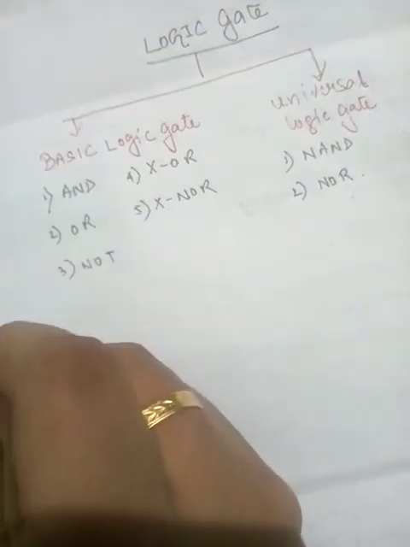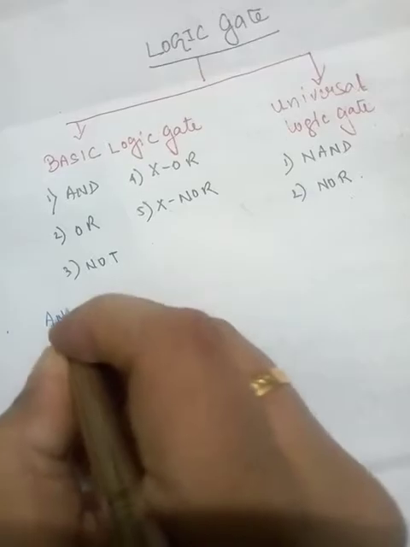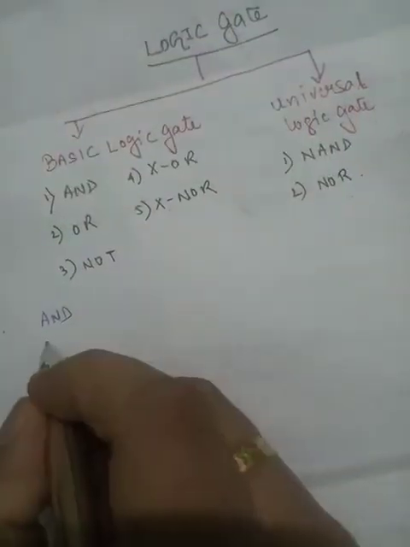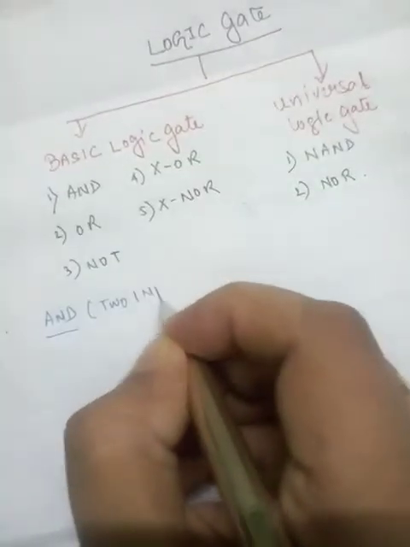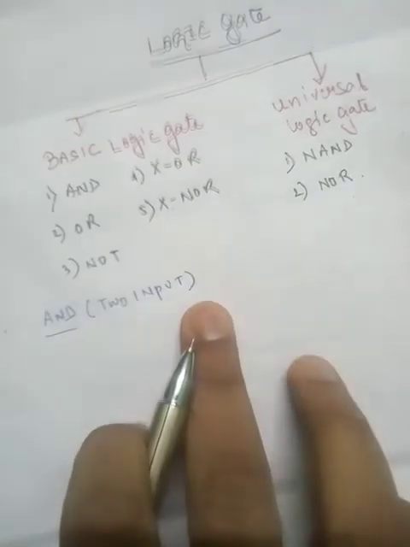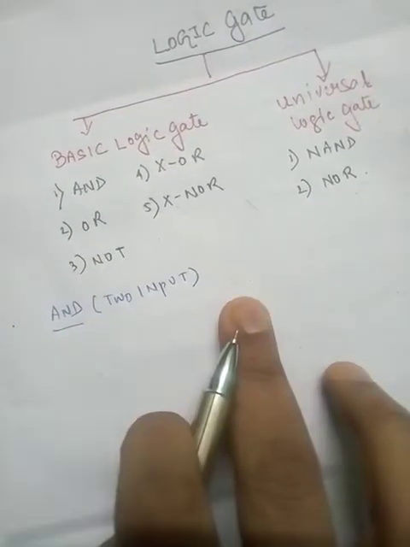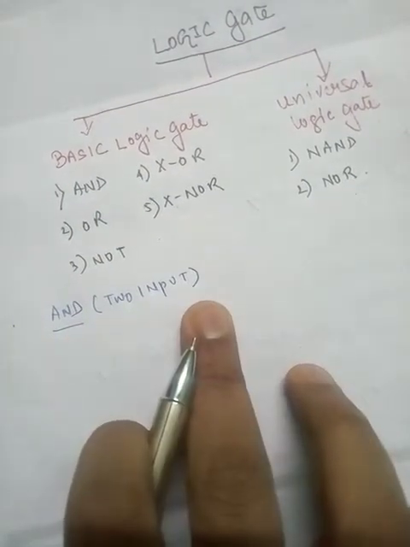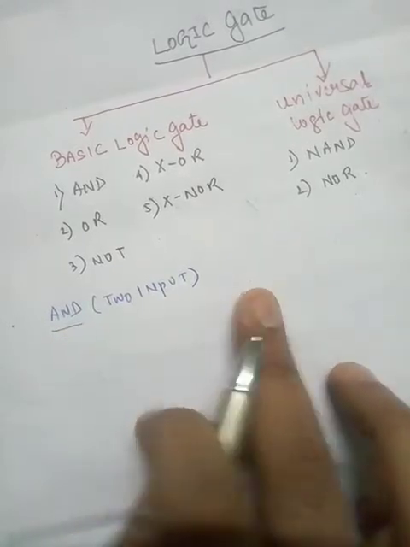Now we are doing the AND gate of 2 input. 2 input means the diagram of the logic gate will have 2 inputs. Before proceeding to this 2 input gate, we will do the truth table of the AND gate.